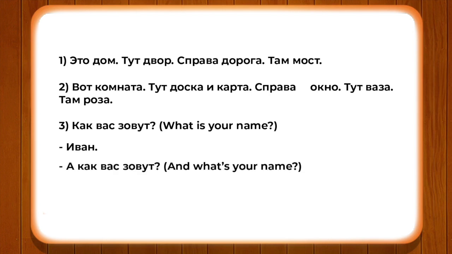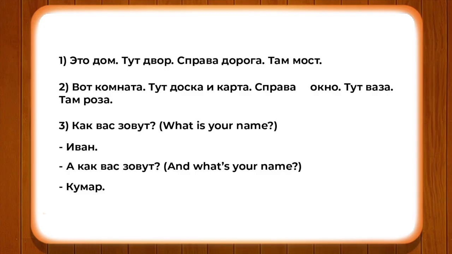"A kak vas zovut?" And what is your name? Kumar, the Indian name Kumar. Let us assume that it is a meeting between a Russian and an Indian, but it is a very brief introduction, so they are simply asking each other's names.